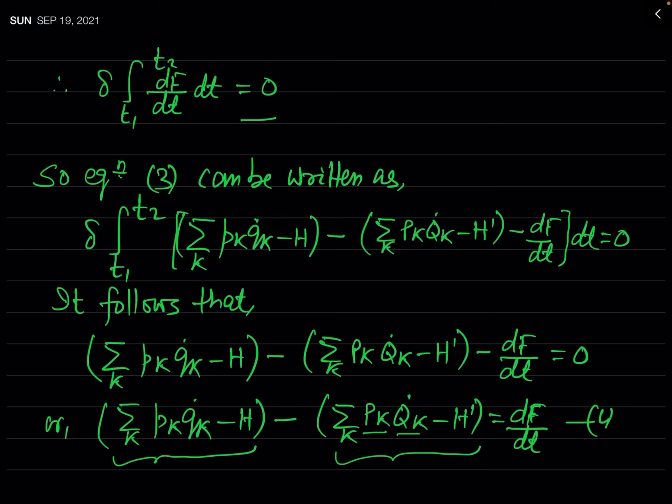So there are total 2n values of capital Qk and capital Pk. So there will be 4n values of a small qk, a small pk, capital Qk and capital Pk. And one of the variables is time t. So as a whole, you can say that this function f will be a function of 4n plus 1 variables.